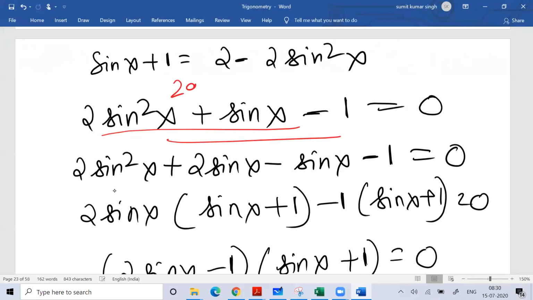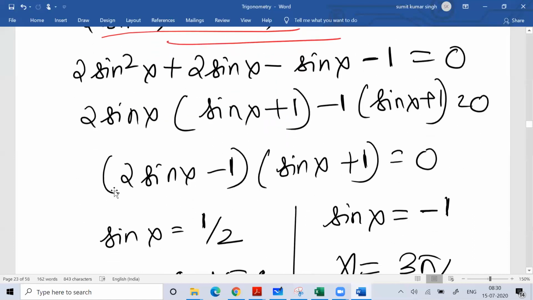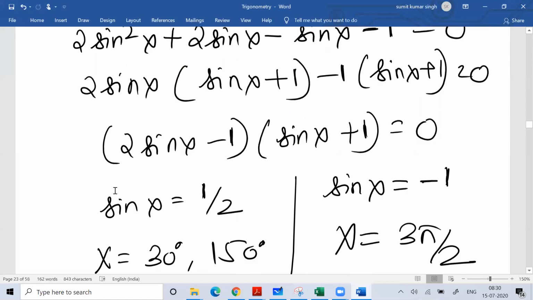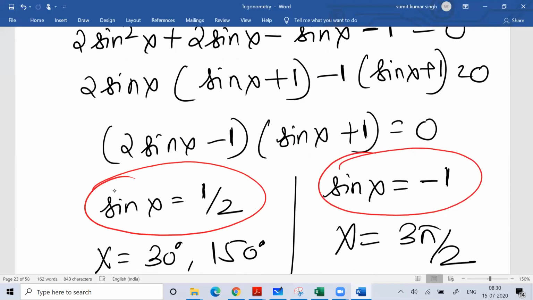So imagine this is nothing but 2a square plus a minus 1, something like this, if suppose a equal to sin x. So in that way, I can say that sin x value is either 1 by 2 or minus 1.